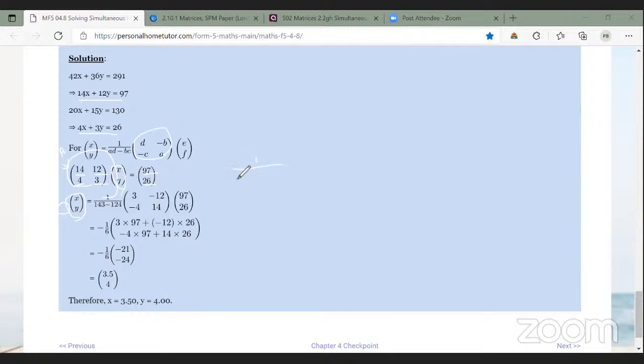So here, to get this value over here, you have to take 14 times 3 minus 12. Yeah, you have to take 14 times 3 minus... wait, yeah, give me a moment.